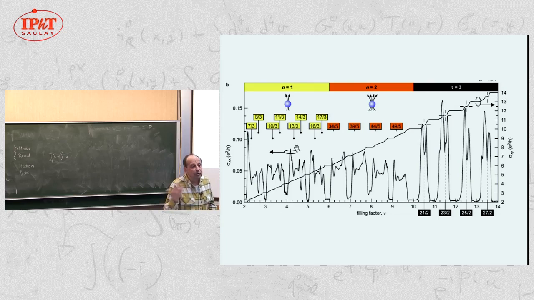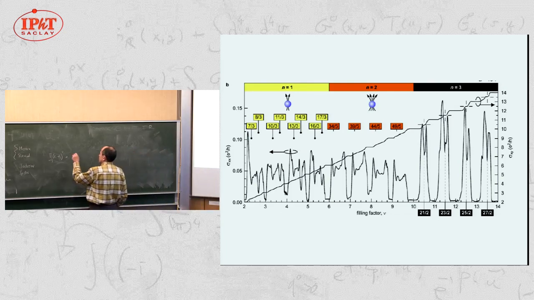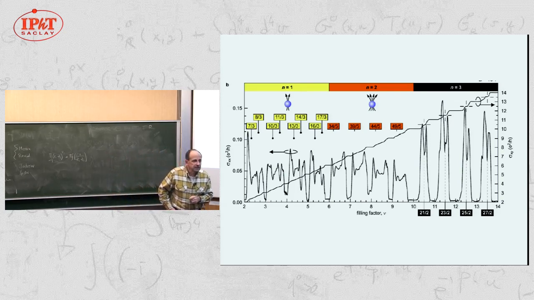So in fact you have a lot of choice. What they decide to do is the following: the Pfaffian of 1 over Zi minus Zj. Let me define this.